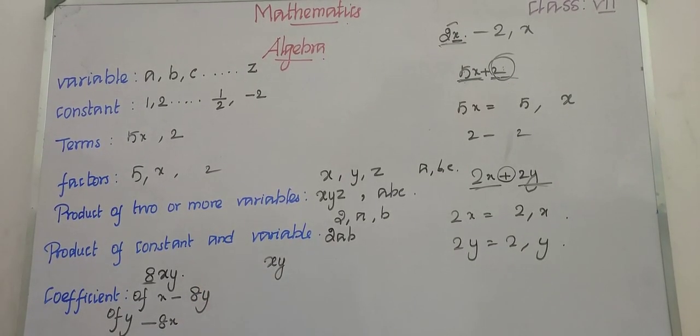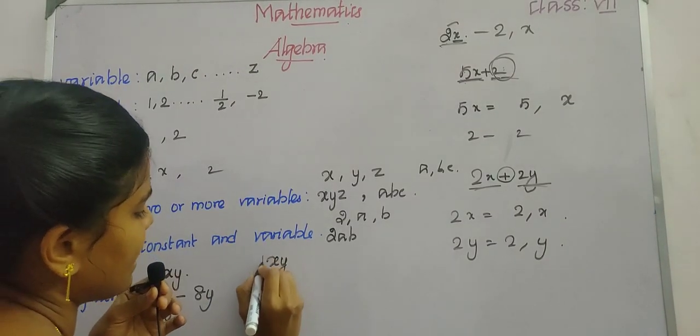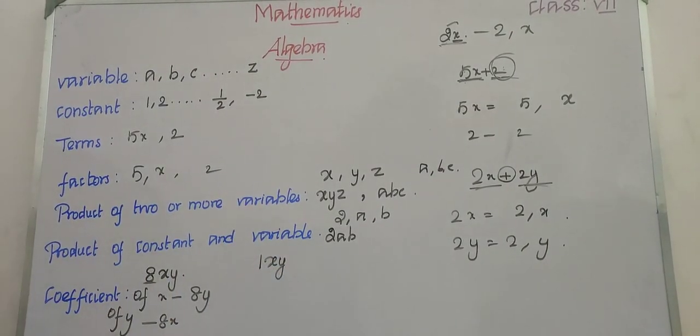Numerical coefficient means we need to write a number, right? We need to write a constant as the numerical coefficient. But what is the numerical coefficient here? If there is no numerical coefficient, we can assume this as 1. If there is no constant before two variables.